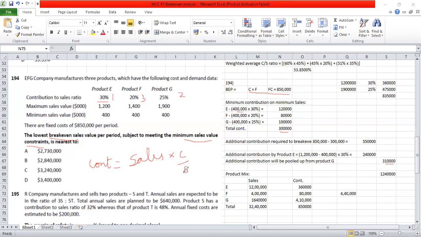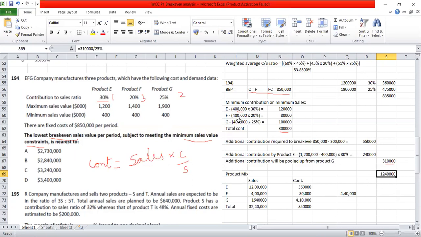We know the C by S ratio is 25%. So how much sales is what we are calculating. So this C by S goes to the other side. It becomes 310,000 divided by 25%. That is what I was just testing here. So 310 divided by 25% is 1,240,000.